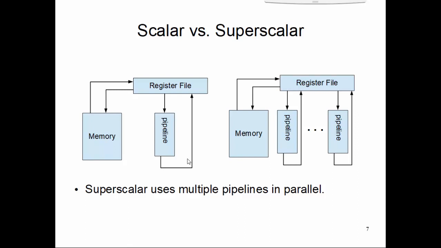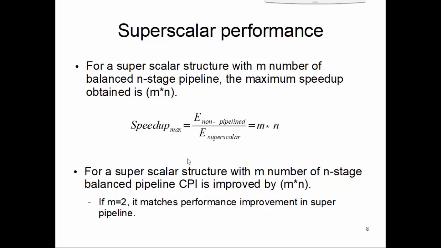Now, superscalar performance improvement with respect to the non-pipeline system is M multiplied by N, where M is the number of pipelines you are deploying in the system, and N is cycles per instruction per pipeline. Let's take the MIPS example.